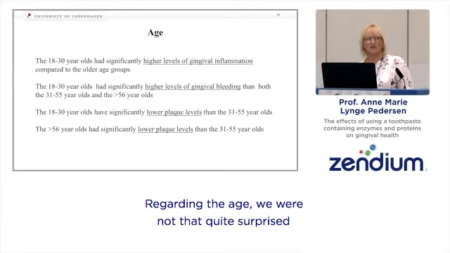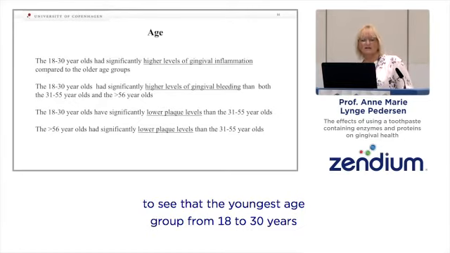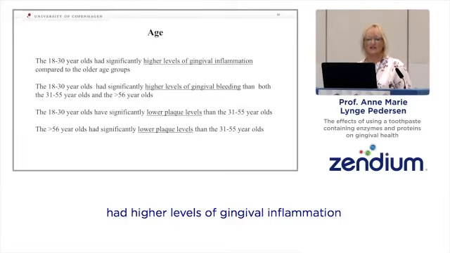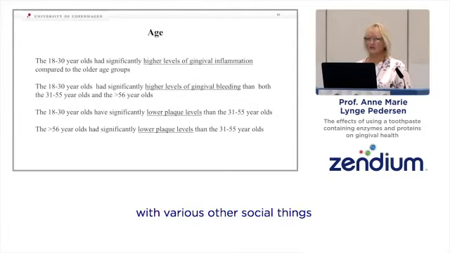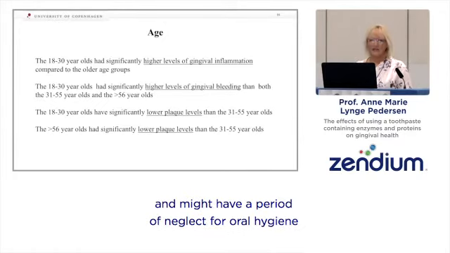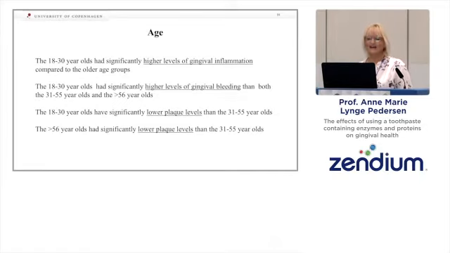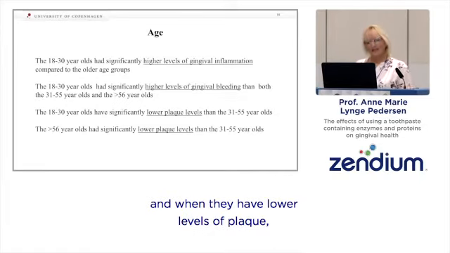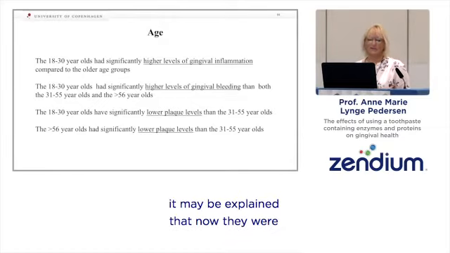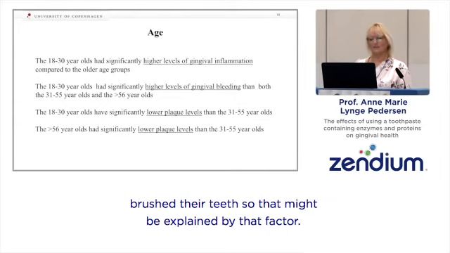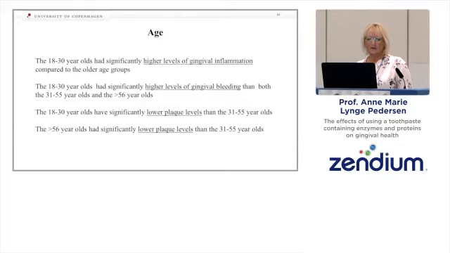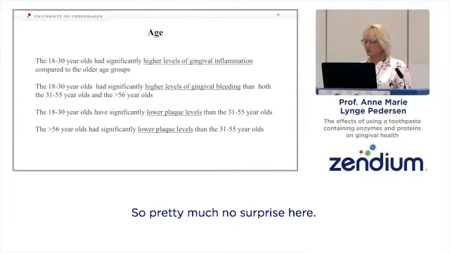Regarding the age, we were not quite surprised to see that the youngest age group from 18 to 30 years had higher levels of gingival inflammation and higher levels of gingival bleeding, because they are usually occupied with various other social things and might have a period of neglect for oral hygiene. When they have lower level of plaque, it may be explained that now they were going to this examination and they actually brushed their teeth, so that might be explained by that factor. So not very surprised here.